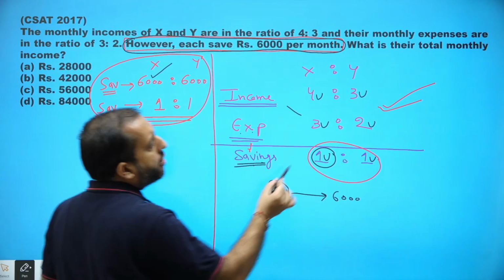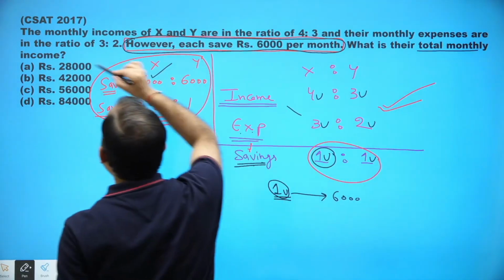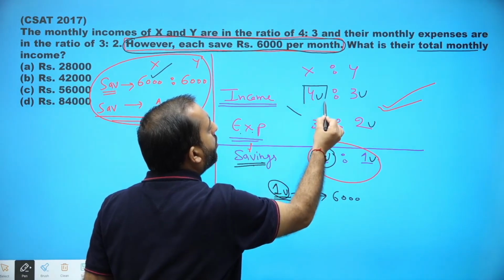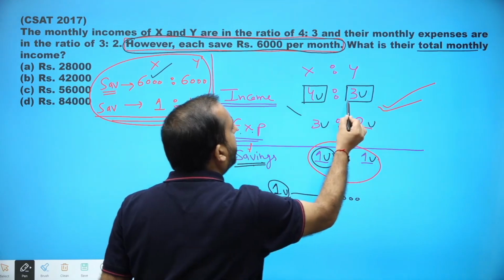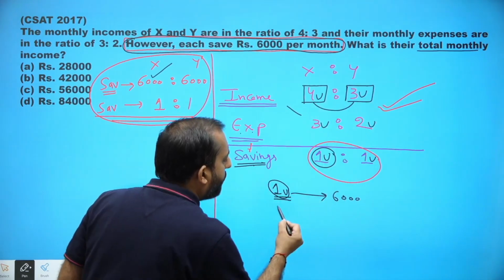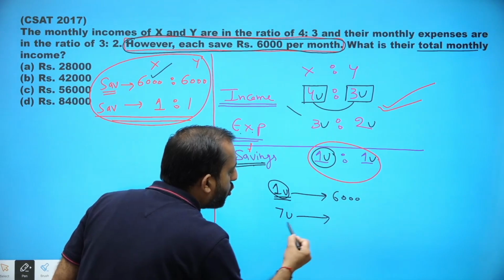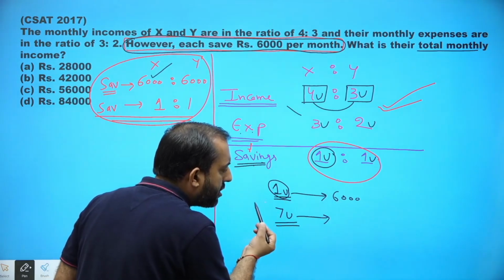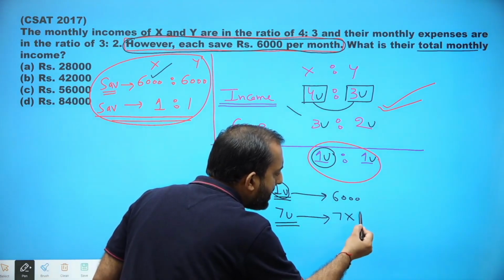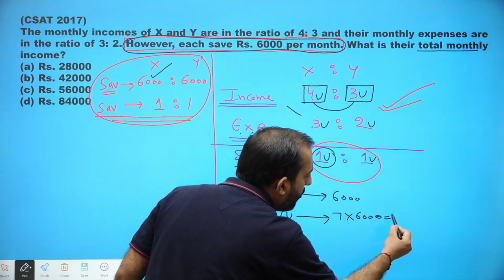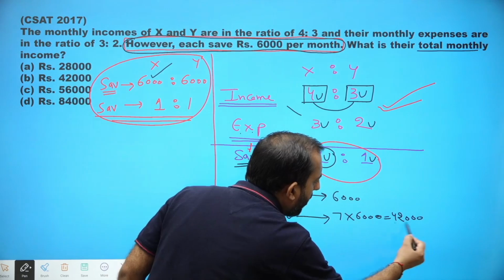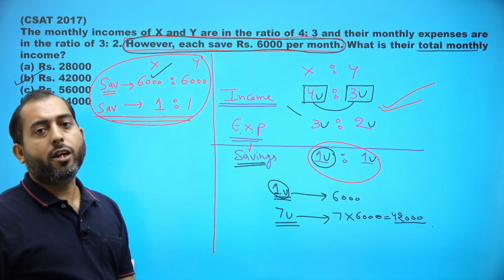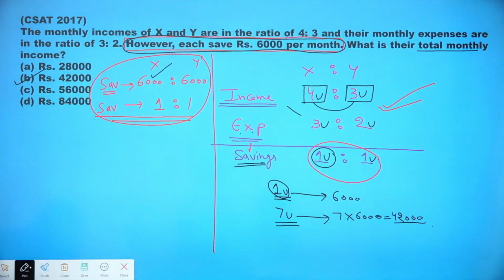We are looking for the total monthly income, which will be the income of X plus the income of Y. That is 7 units. The value of 1 unit is 6,000, so the value of 7 units will be 7 into 6,000, which is 42,000. Hence, the answer to this question is option B. Kindly make a note of it.